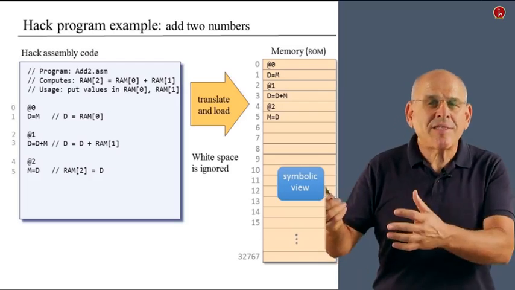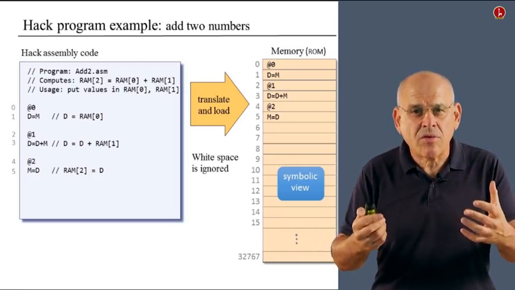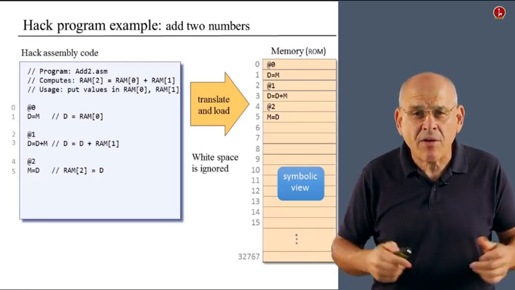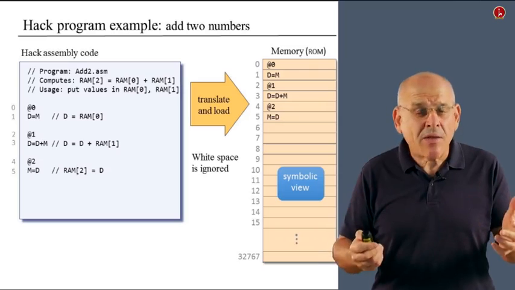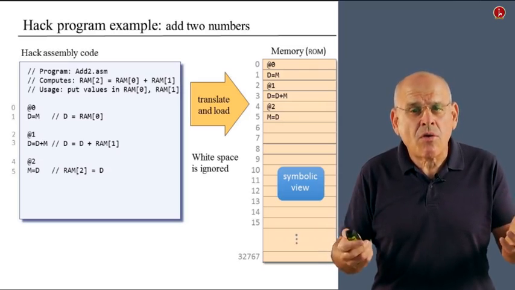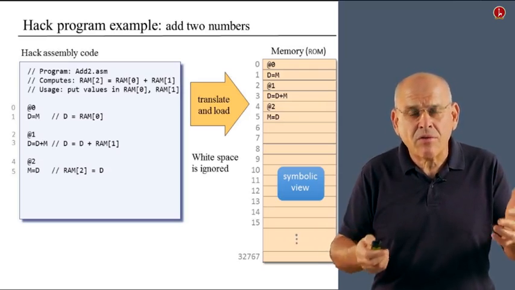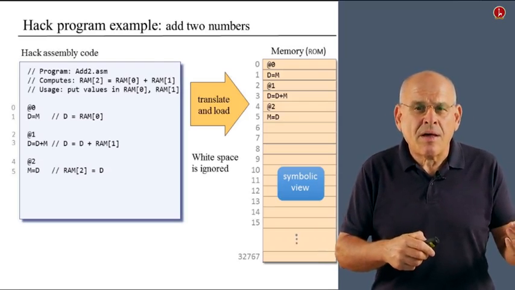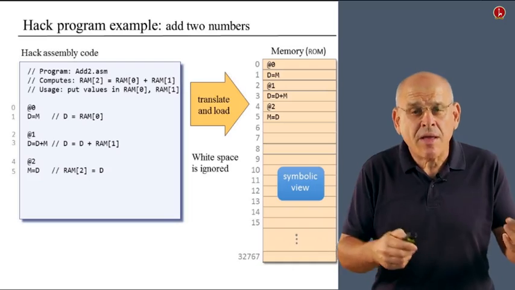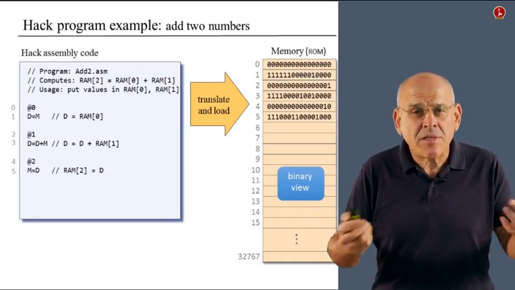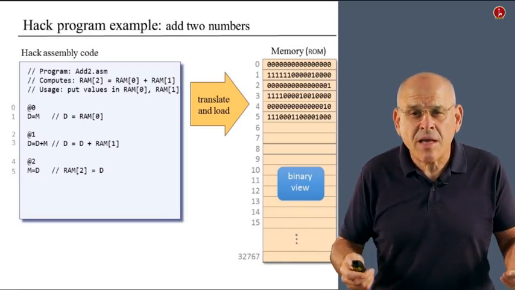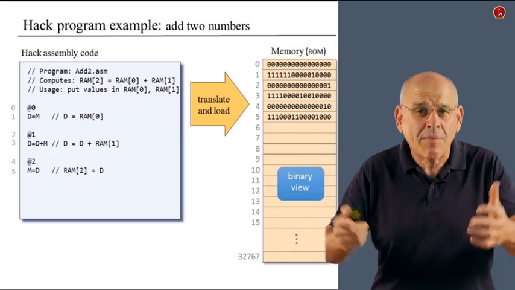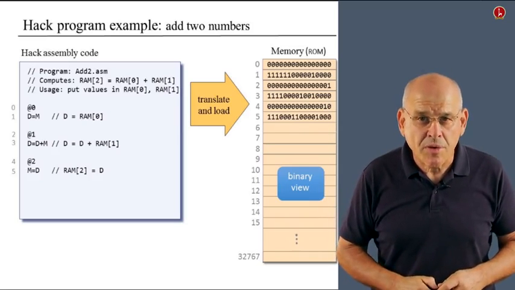This program as such cannot execute on the computer because the computer cannot handle symbols other than 0 and 1. But if you played with our CPU emulator, you know that you can tell the emulator to show you the contents of the instruction memory in binary, and if you do it, you will see the program in this manifestation, and in this state, the program can actually execute on the computer.